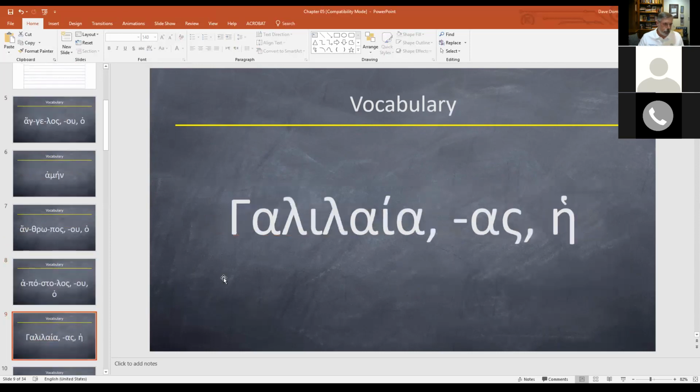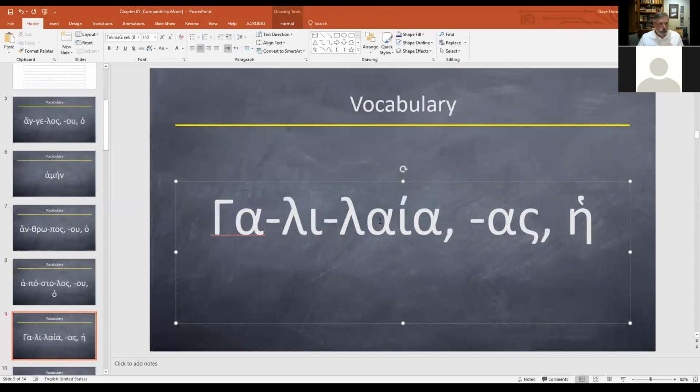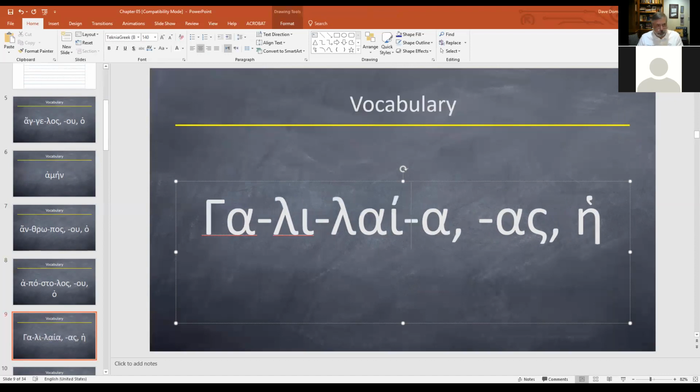And so we'll go through these rather quickly. This is Galilaya. It's pronounced Ga, li, lai, a. So I got one, two, three, and there's a diphthong, alpha iota, and four vowels.